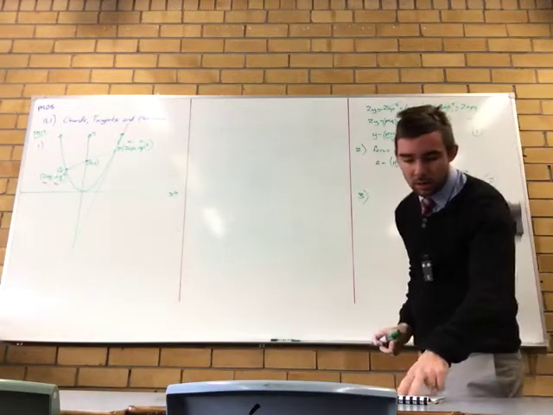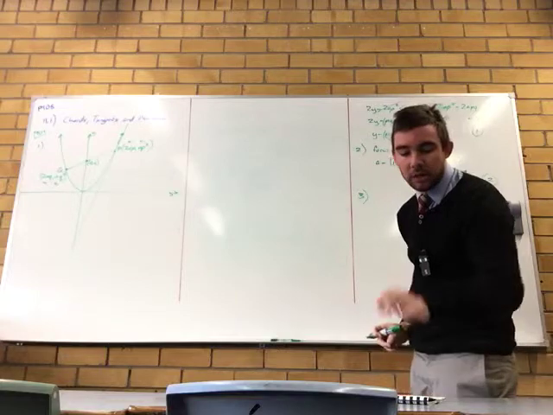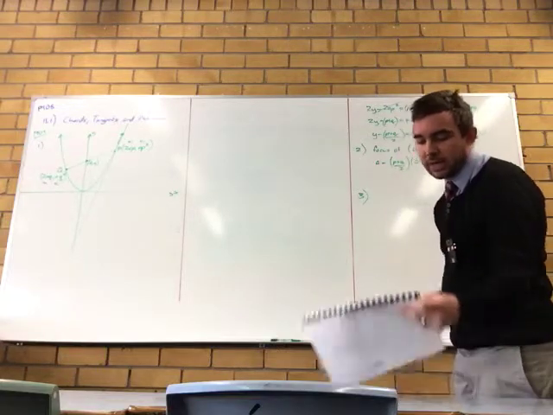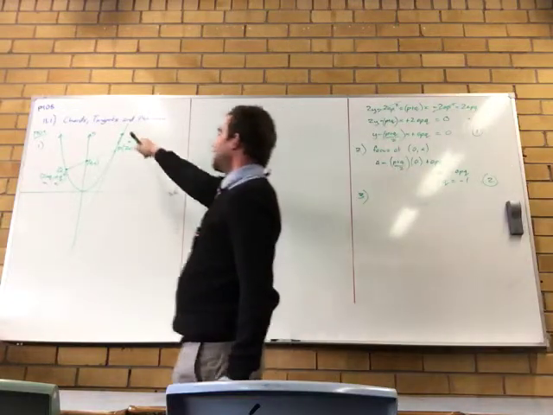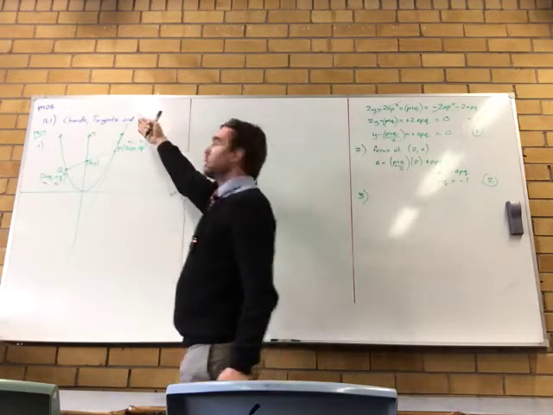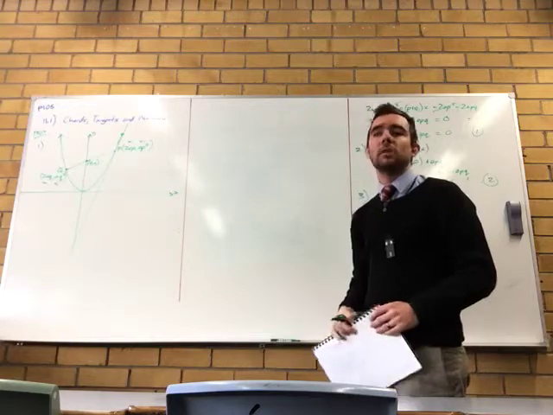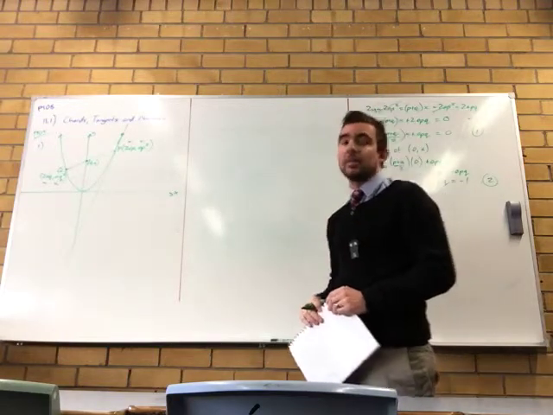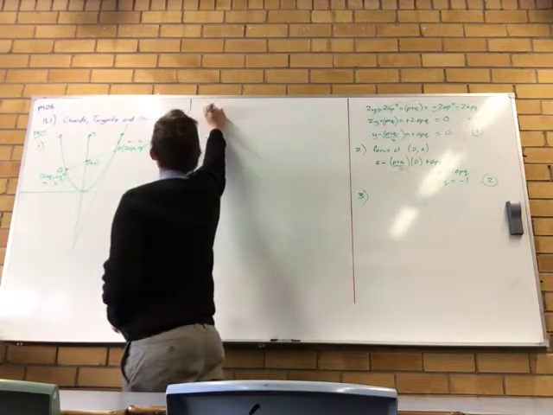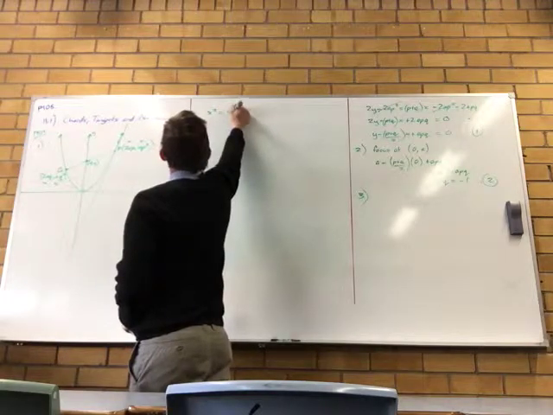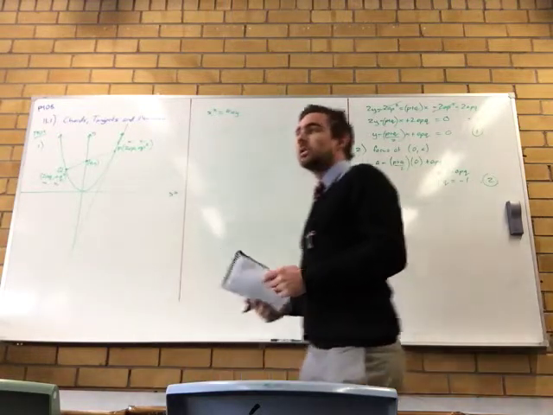So consider the gradient and the equation of the tangent. We need to now have the gradient and the equation of that line. Using your calculus skills, we need to find the gradient and the tangent. The equation x squared equals 4ay is the equation of the curve.